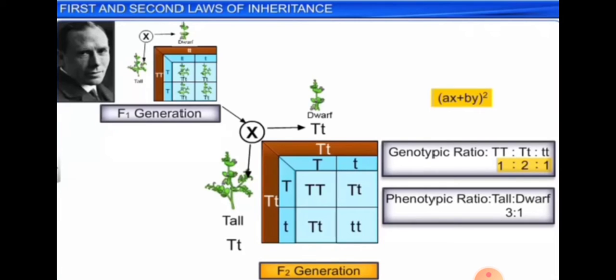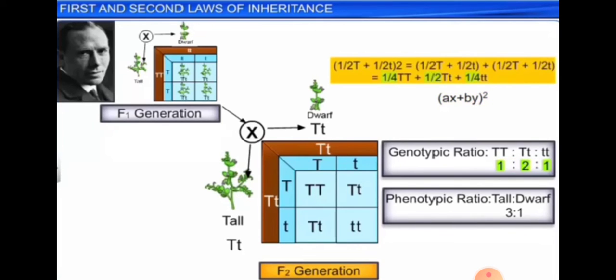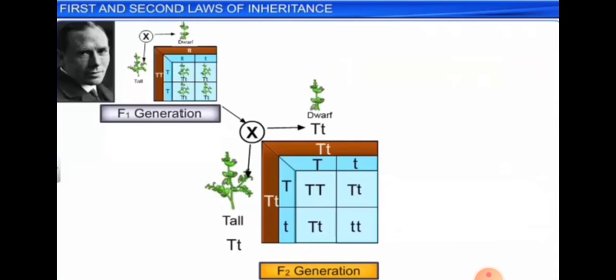The expression has the gametes bearing the genes capital T or small t in equal frequency of 1/2. So this expression can be expanded as shown. Now we can calculate the genotypic ratios using mathematical probability.